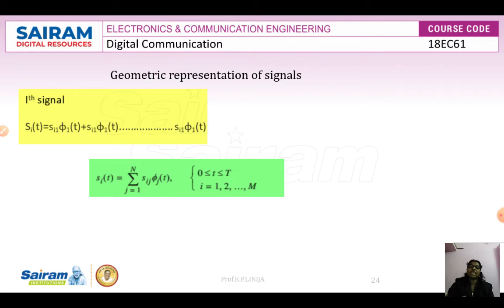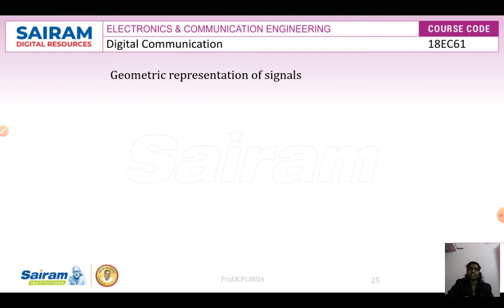This can be summarized as Si of t equal to summation j equal to 1 to n of Sij into phi j of t. This Si of t is a transmitted vector signal, bounded in the time interval 0 less than or equal to t less than or equal to capital T. Here i varies from 1 to m. This particular equation is called the synthesizer or transmitter equation.